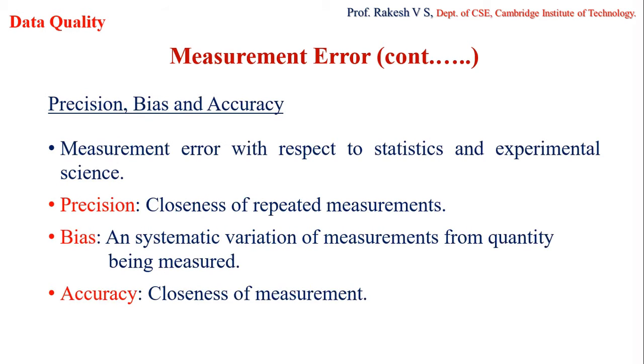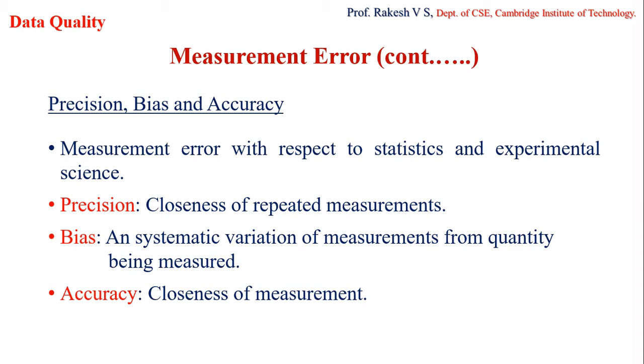Next we are going to learn precision, bias, and accuracy. These are measurement errors with respect to statistics and experimental science. Precision represents the closeness of repeated measurements to one another. So when we perform a repeated experiment, how close the values of each experiment are represents precision. Bias is a systematic variation of measurements from the quantity being measured.